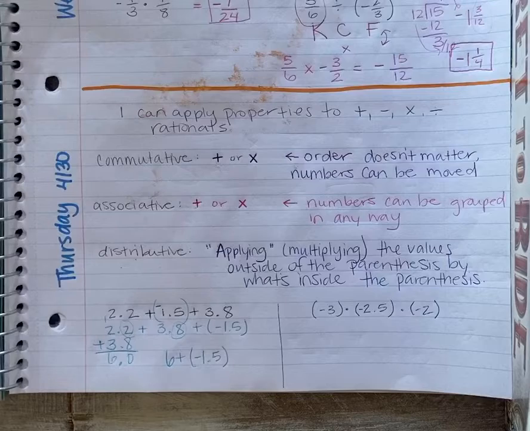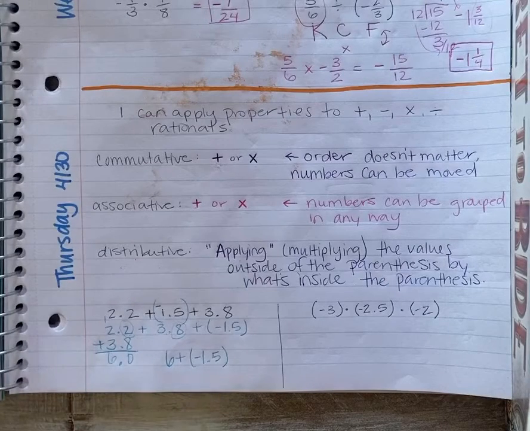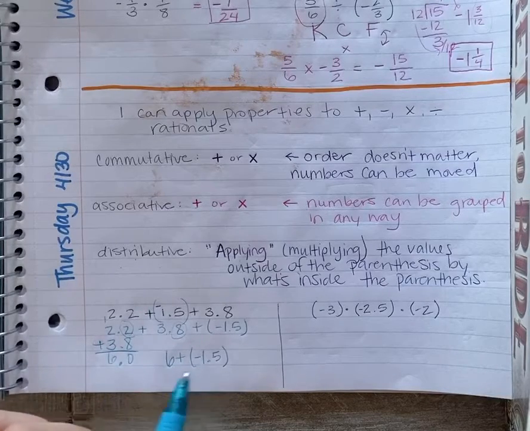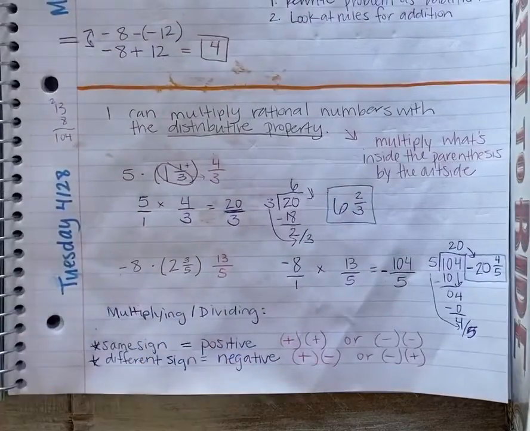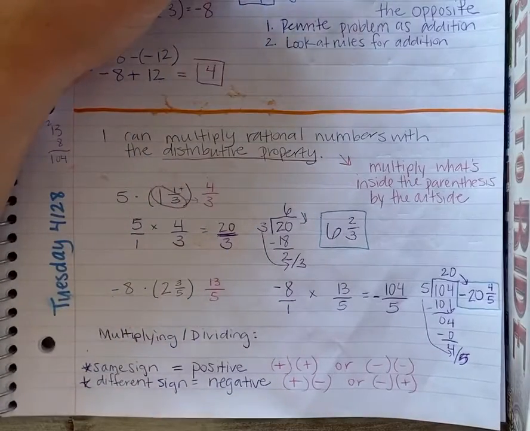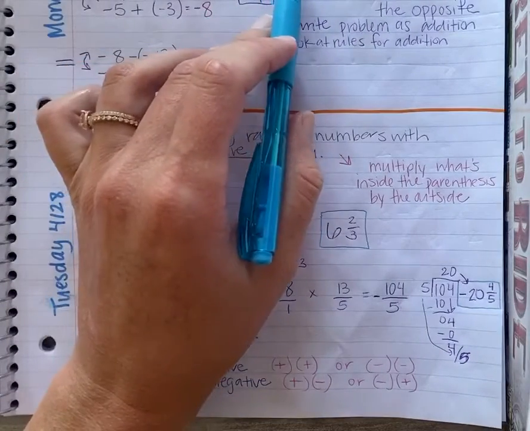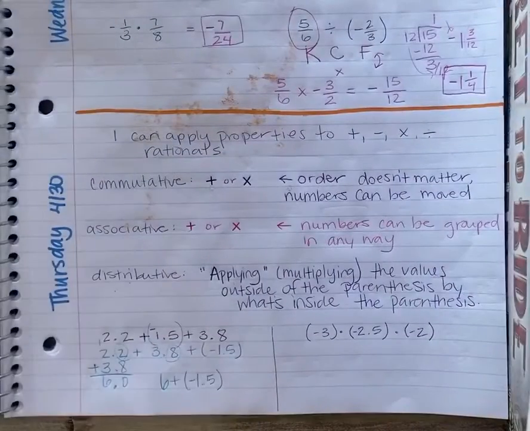So our last step is going to be to add 6 plus negative 1.5. Now, if you remember with rational numbers, if the signs are different, what do we need to do? Well, let's look at our rule. If the signs are the same, we will add them, then use the same sign. But if the signs are different, we actually subtract them, and then we use the sign of the greater number.